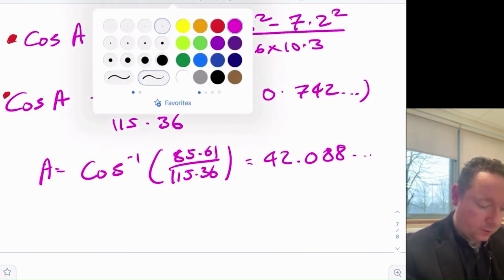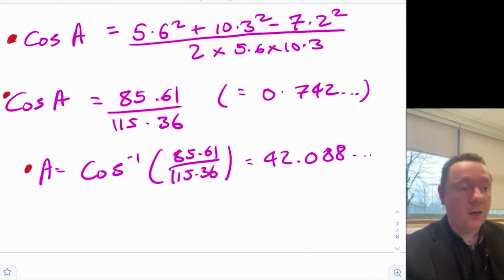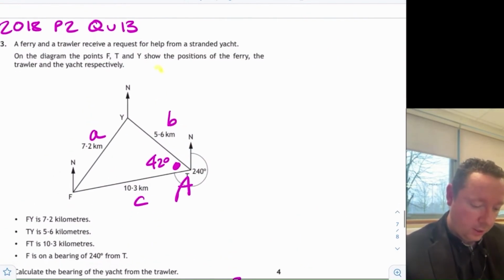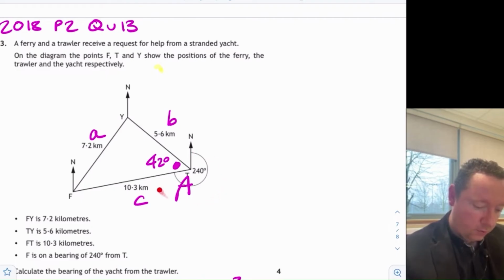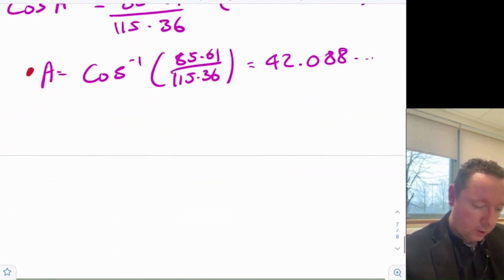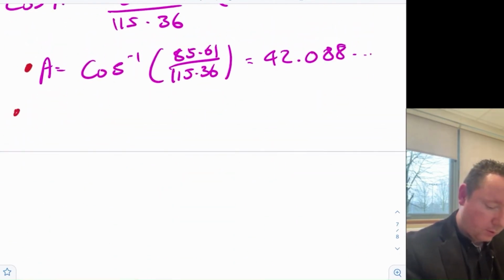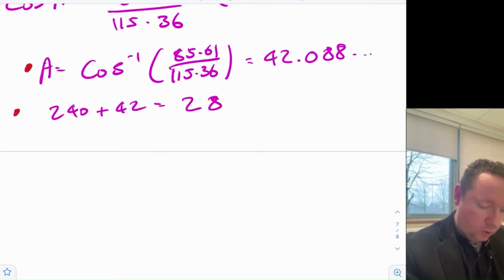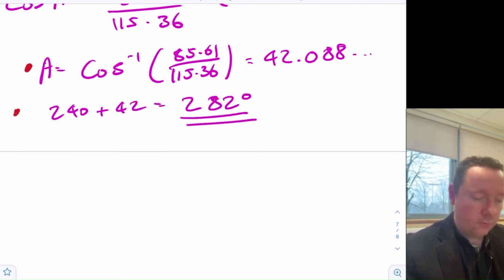So there's our third mark, and then our fourth mark is for calculating the bearing. Just to remind you, the bearing is 240 plus this 42. So 240 plus 42 is 282 degrees for our final mark.